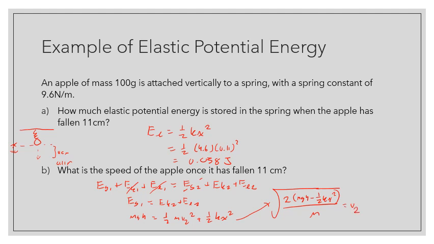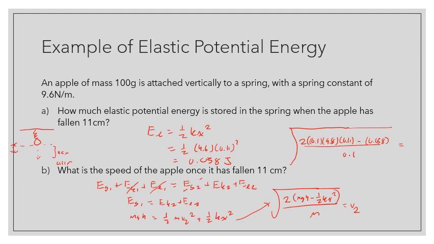So let's just move up here so it has some more space. We have 2 times 0.1 times 9.8 times 0.11, and all this minus 0.058, divided by 0.1.